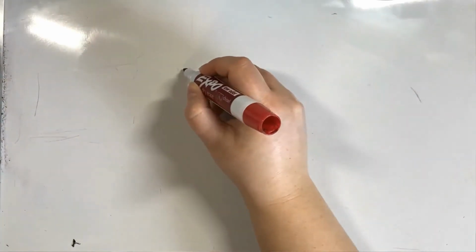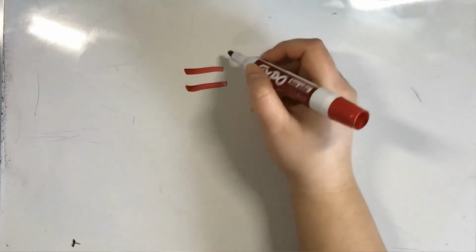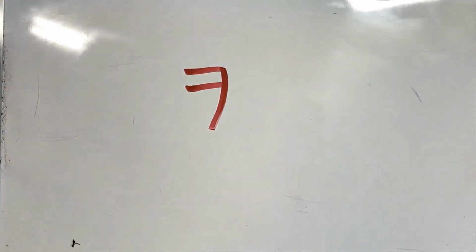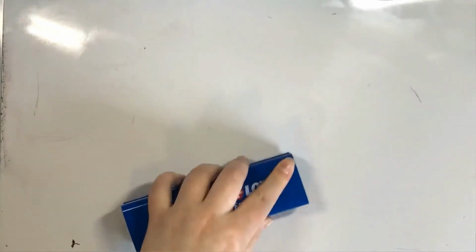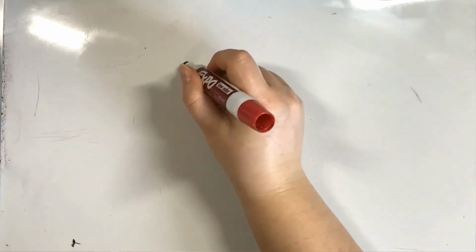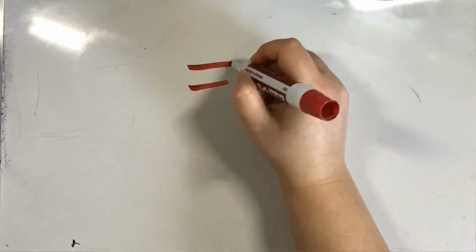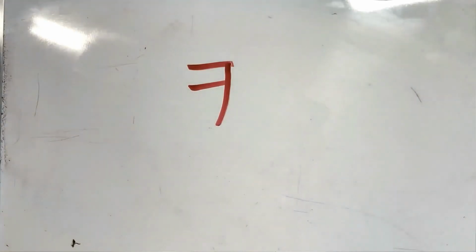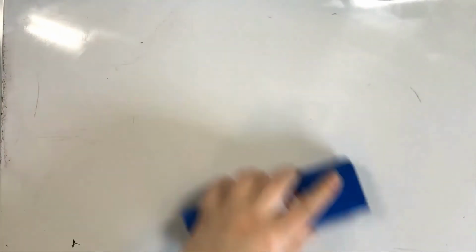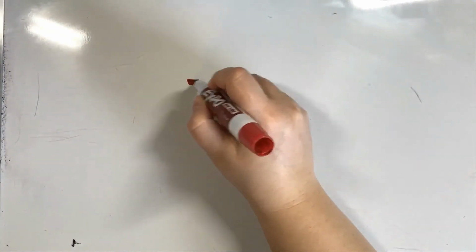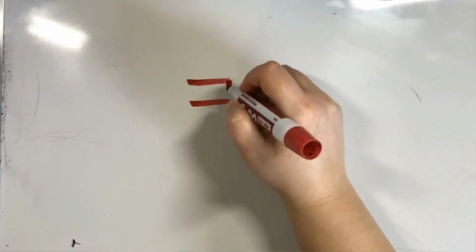So 1 across, 2 across, 3 connects. Two lines across, and then a line going down to connect them. Line across, line going down.